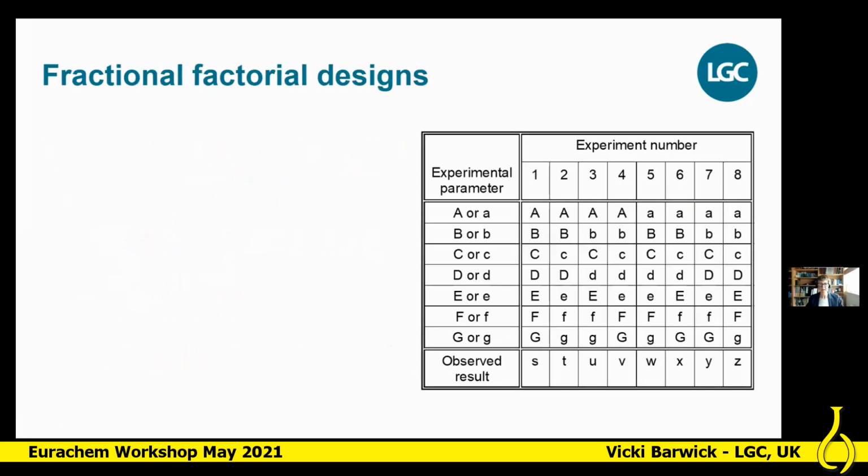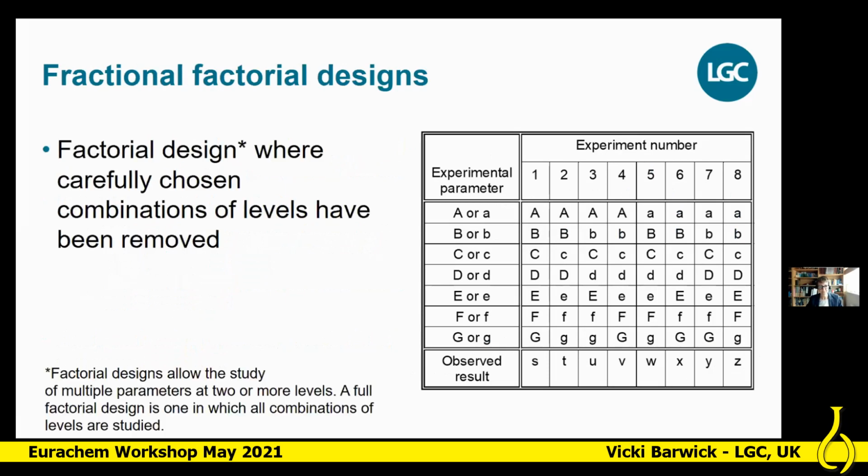The other one I'm going to highlight is the fractional factorial design. So a factorial design allows us to study multiple parameters at 2 or more levels. If we were trying to carry out a full factorial, that would involve experiments using all combinations of factors and levels.